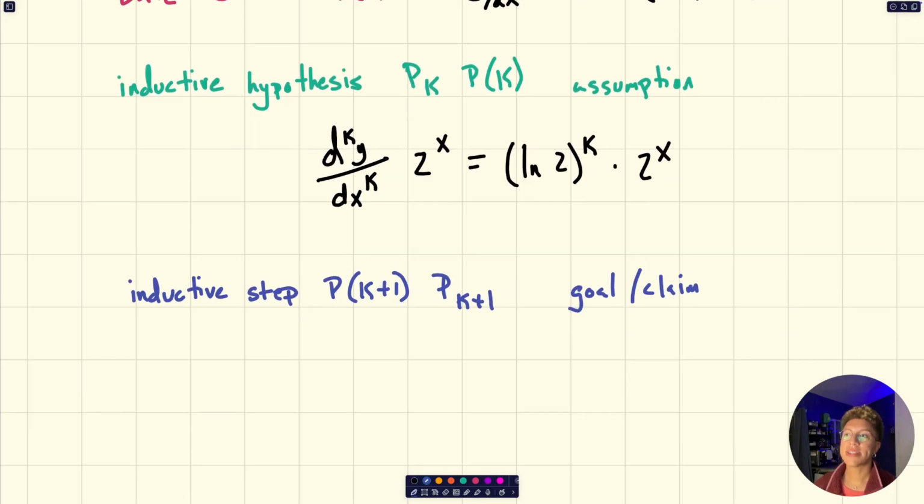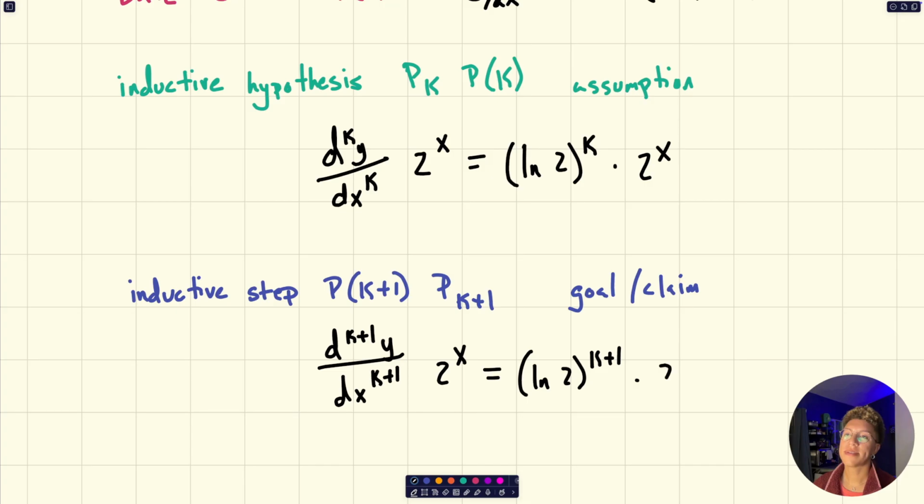And once again, we take our k plus 1 and we just put that in. So we get d to the k plus 1 of y, well, not of y, but dx to the k plus 1. So this is the derivative right after. We're saying the k plus 1 derivative of 2 to the x is ln 2 to the k plus 1 times 2 to the x.